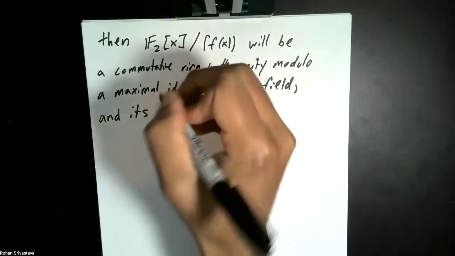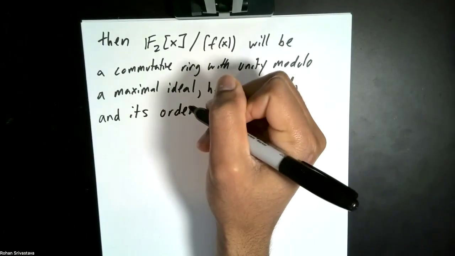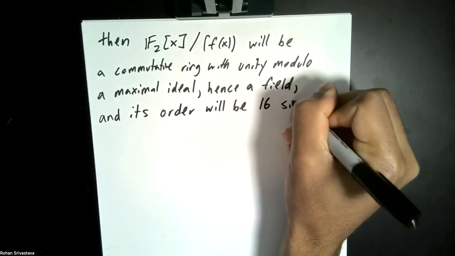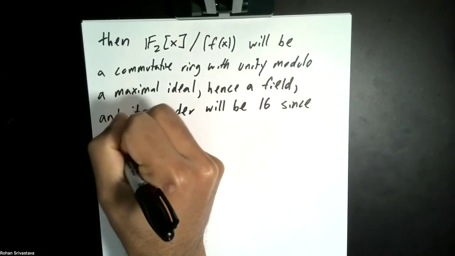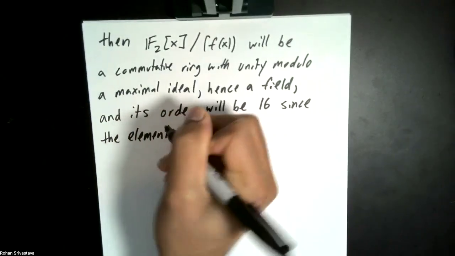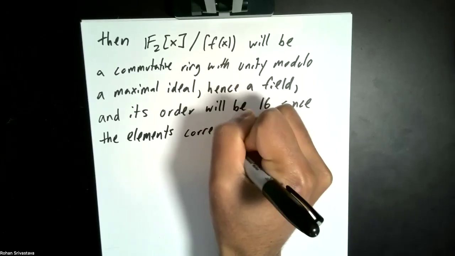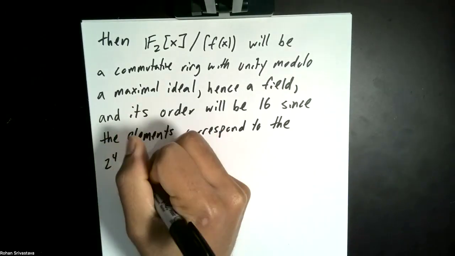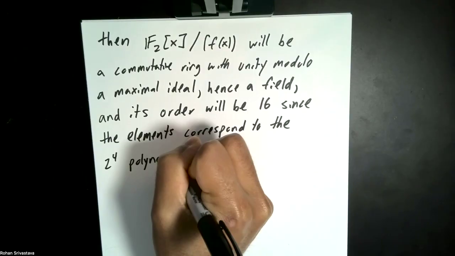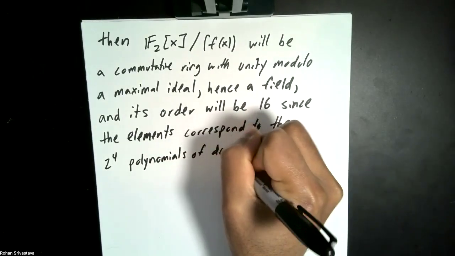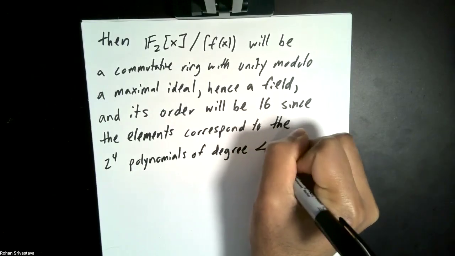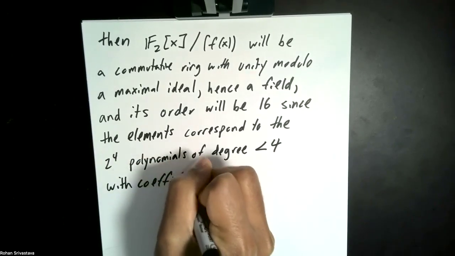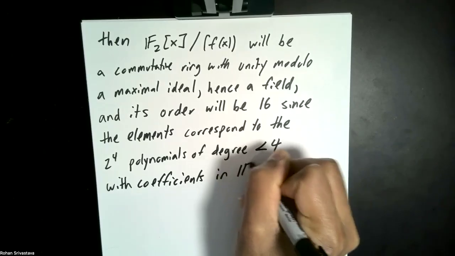And its order will be 16, since the elements correspond to the 2 to the fourth polynomials of degree strictly less than 4 with coefficients in F2. Right?